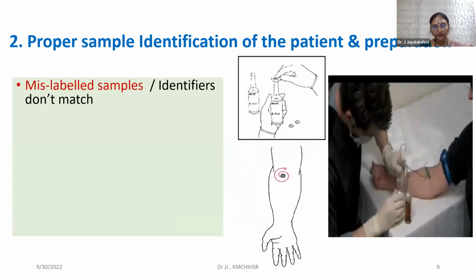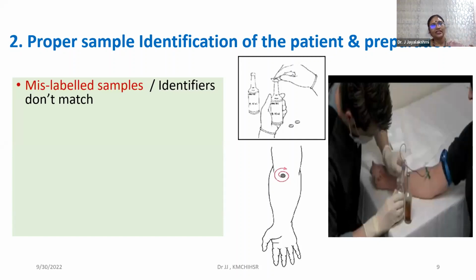Now, many times you will have the patient samples mislabeled, because the sample will say a name, Savita, I'm just giving an example, and the request slip would say Sangeeta, or it could be totally different, a male patient's sample collected.